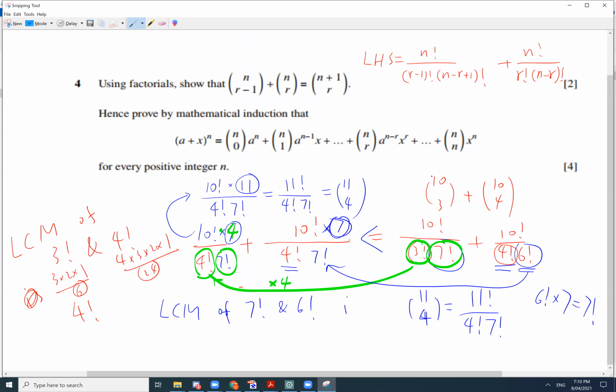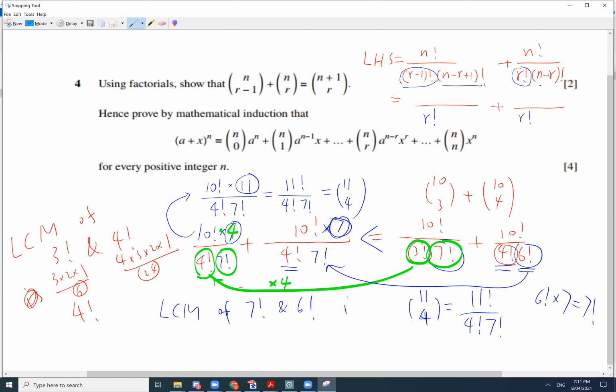The actual question, like here: can you simplify this one? Like you have here and here. For these two, Eden, what's the common multiple? R factorial.